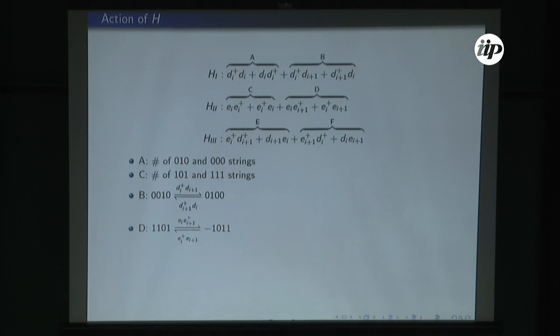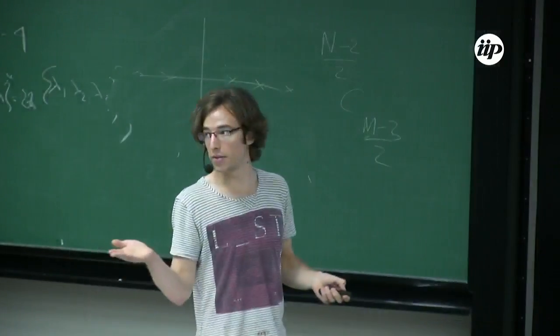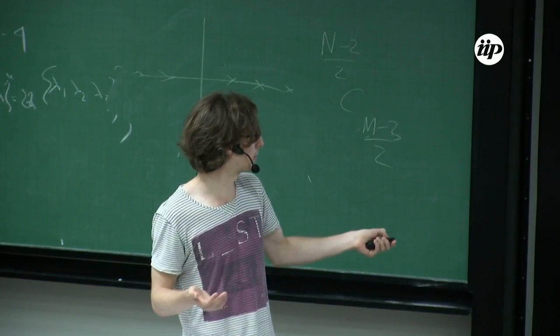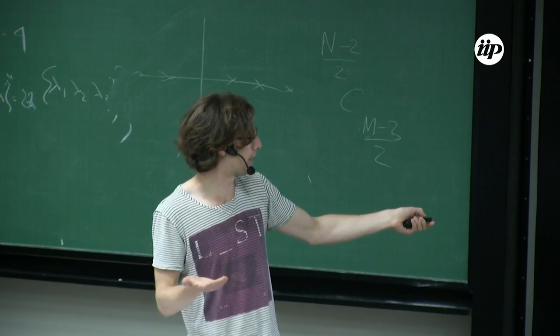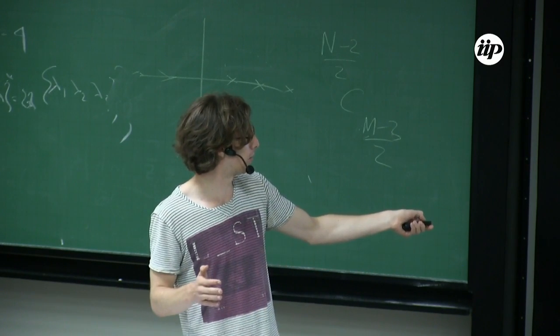And this D, not so surprisingly, describes the hopping of an isolated one. Because this is a fermion model, because of the anti-commutation relations, there are certain signs and a minus sign has to be introduced.